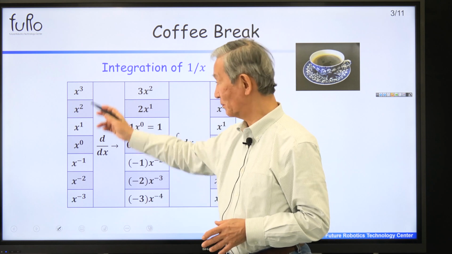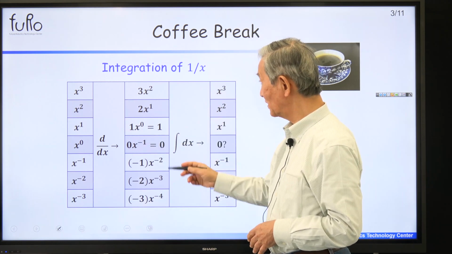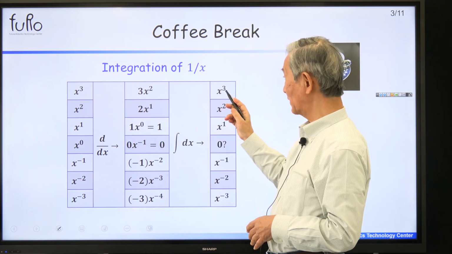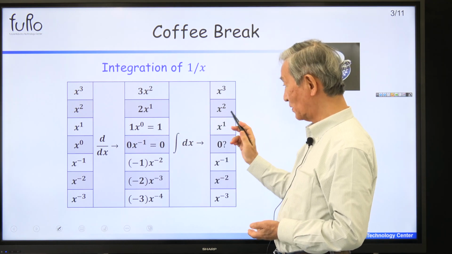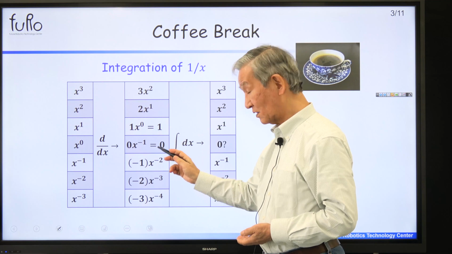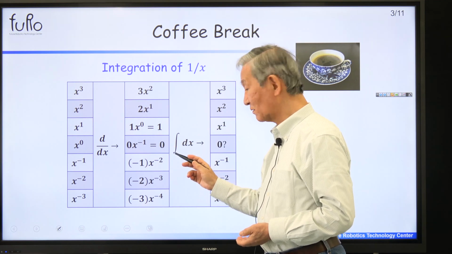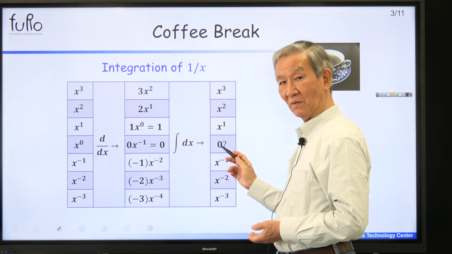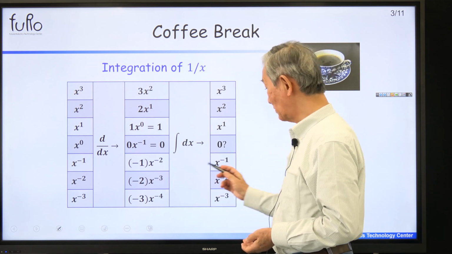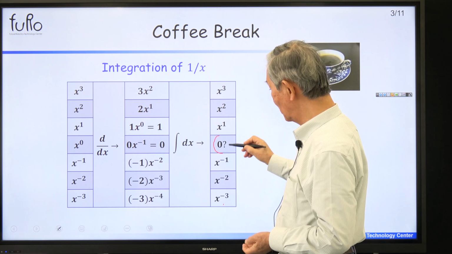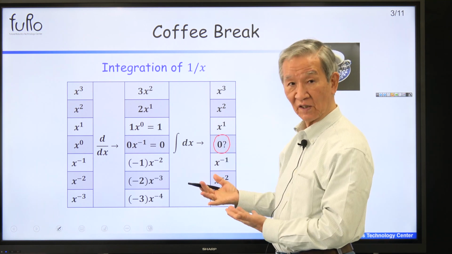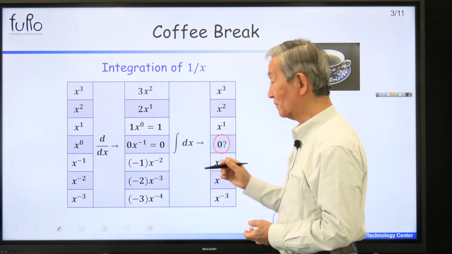Okay, no problem. But if you integrate those, this one goes back to x cubed, this one goes back to x squared, this one goes back to x to the first power, and this one here, since this is equal to 0, the integral of 0 is, of course, 0. And minus 2 power, minus 1, minus 2, minus 3. So, all except this one, you can recover by integrating.